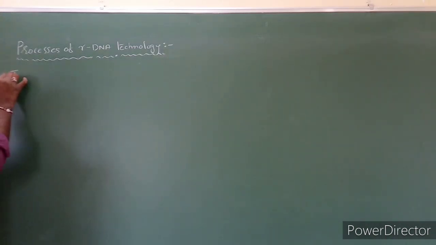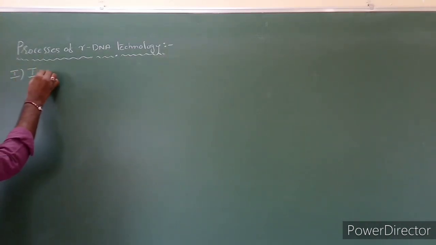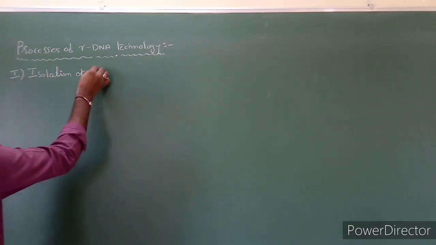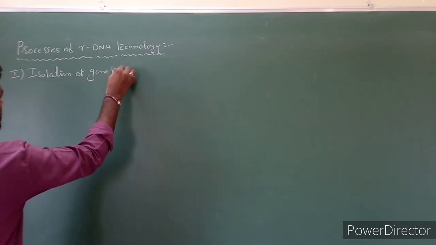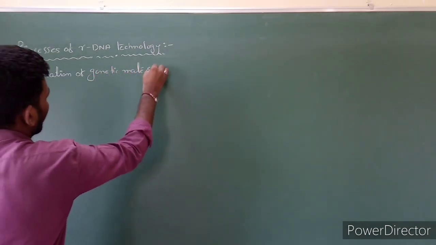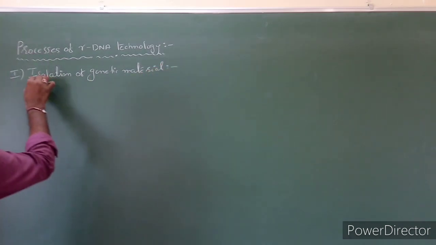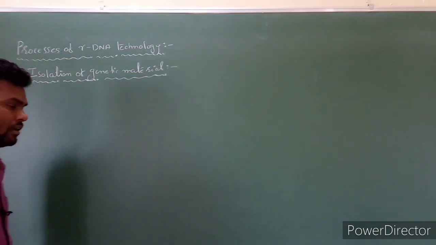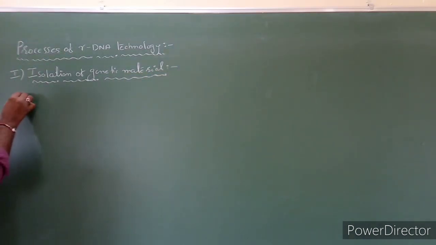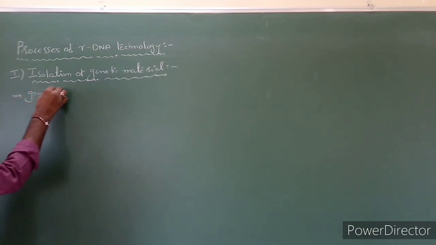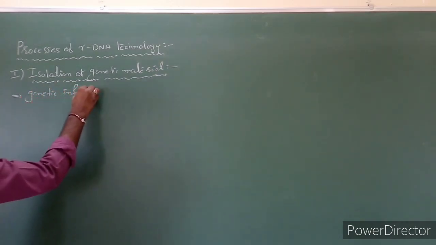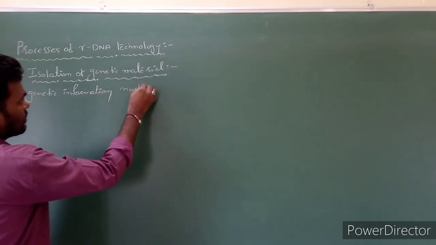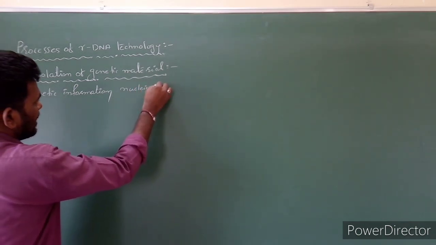The first step is very simple and easy one: isolation of genetic material. In mostly all organisms, genetic information is nucleic acids.